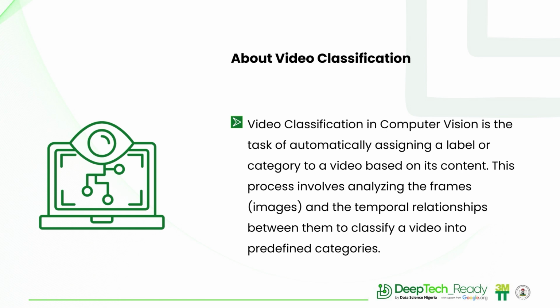This process involves analyzing the frames and images and the temporal relationship between them to classify a video into a predefined category. So let's assume you have different videos, let's say videos of cats, videos of dogs.